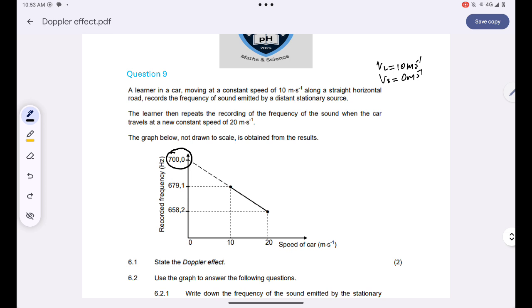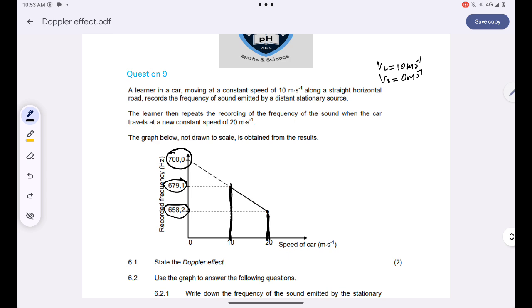And whenever the learner is moving at a speed of 10 meters per second, the learner will detect this amount of frequency. And when the learner is moving at a constant speed of 20 meters per second, the learner will detect that amount of frequency.